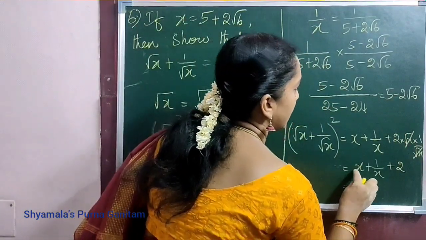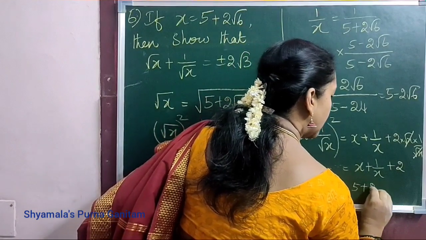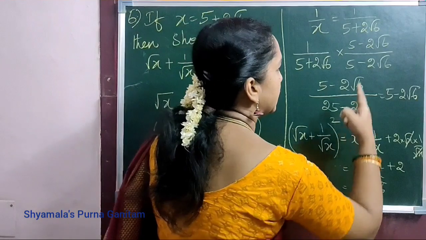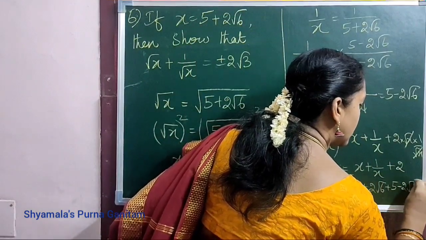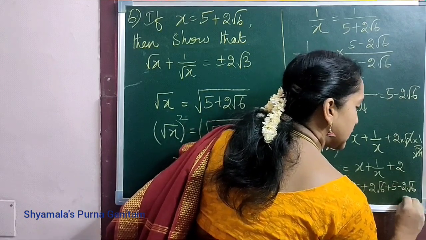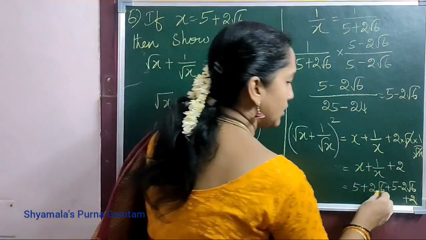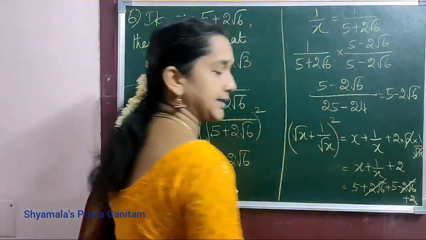Okay. So what is our x value? 5 plus 2 root 6. Okay. What is 1 by x value? Plus 5 minus 2 root 6. Then this plus 2 is there. Okay. So plus 2 root 6 minus 2 root 6 will get cancelled.